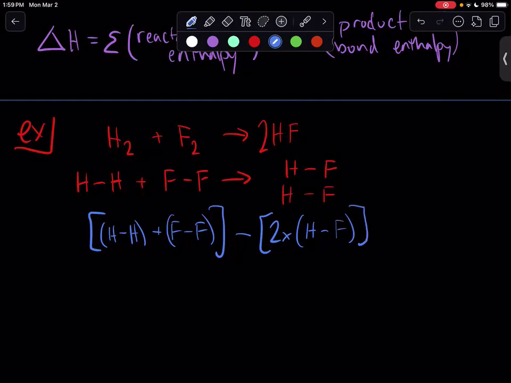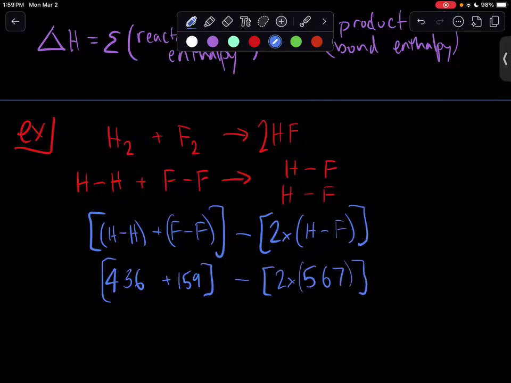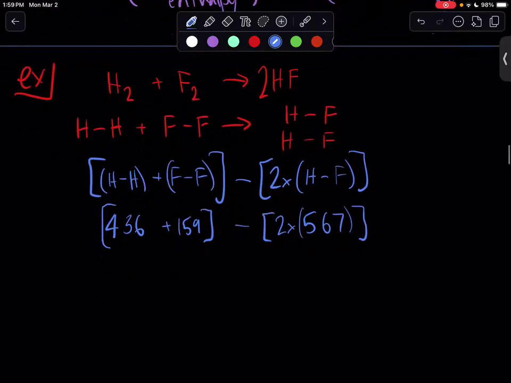So getting these values from my data booklet, I get 436 kilojoules per mole plus 159 kilojoules per mole. And I'm going to subtract that from 2 times 567 kilojoules per mole. This will give us a net energy change of negative 539 kilojoules mole inverse. And that's how you do any one of these reactions.